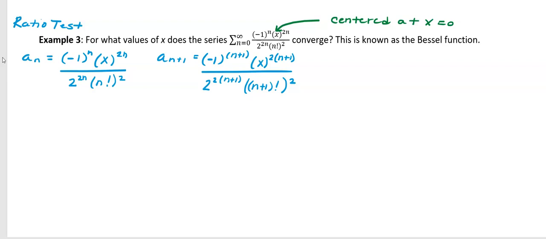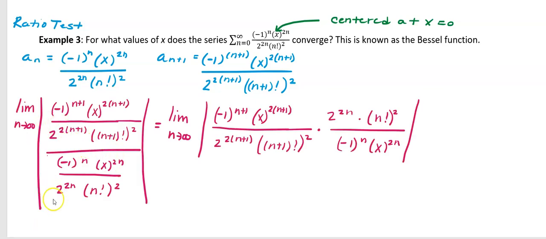Those are two pretty complicated math statements, but we're going to put them into the absolute value as our limit approaches infinity, and then we will try to simplify as much as possible so that we can take the limit. So I've written it in the ratio test setup.